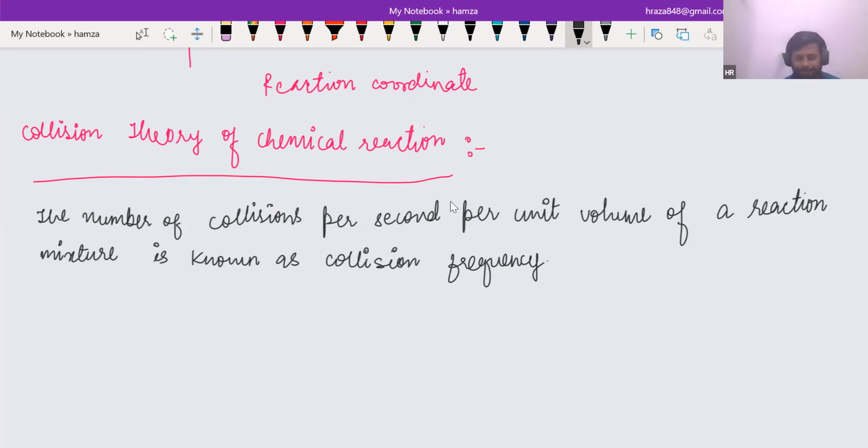So basically, the collisions per second per unit volume, that is called collision frequency.